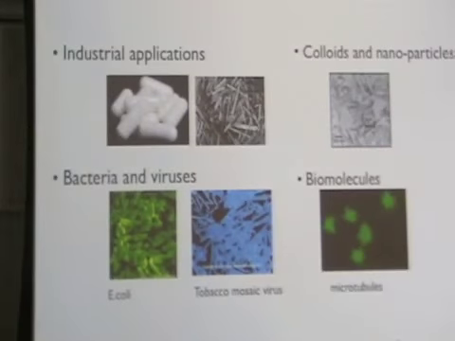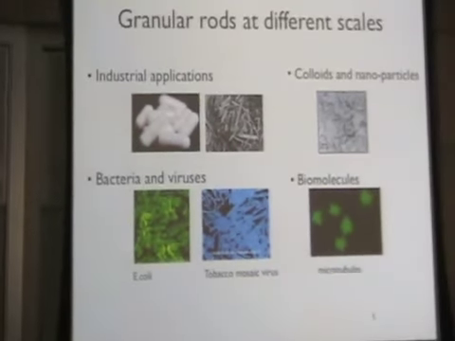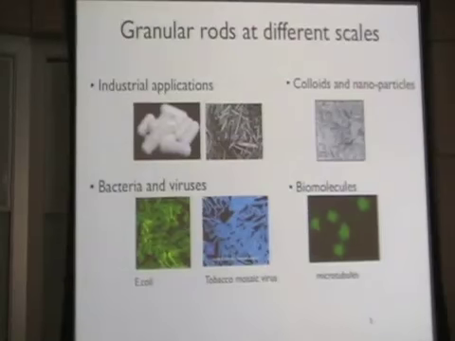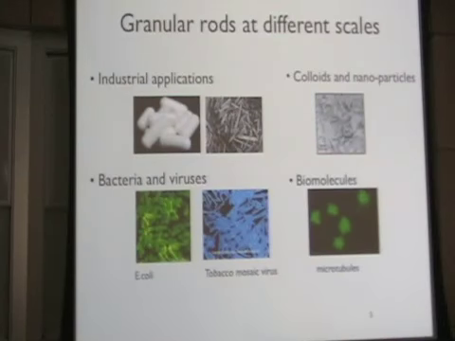Okay, so just a very brief introduction, which probably Arshad already did something like this. I'm interested in granular rods because this is an interesting variation on the theme of granular physics, which I've been interested in. And it's actually very important. It has lots of applications on all kinds of scales, from very large scales, like in industry, pharmaceuticals and stuff like that, down to very small scales where you have bacteria and viruses which have this shape of rods, very typical.